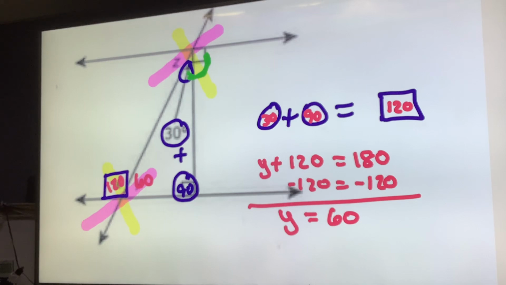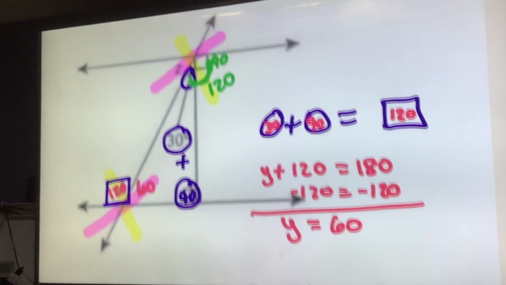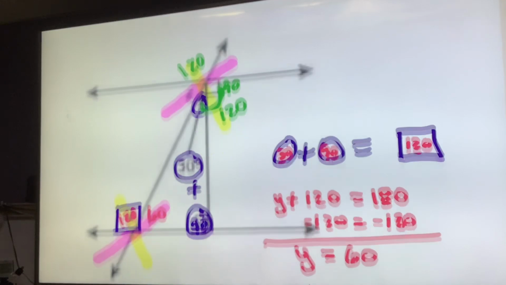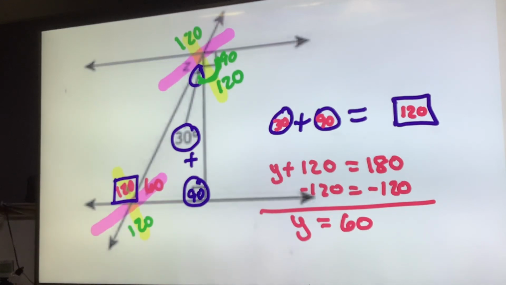So this is 90 plus 30 is 120. Oh, look. So every yellow would be 120. And every pink is 60. So right then and there, voila, I would have had my measurements.